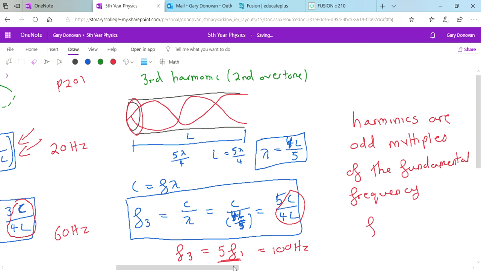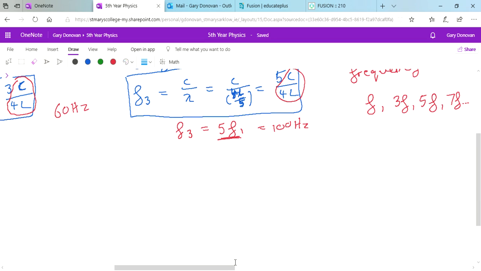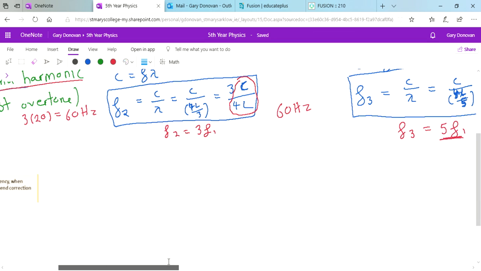So if the fundamental frequency is F, the next harmonic is 3F, the next harmonic is 5F, and the next harmonic is 7F, and so on and so on. So hopefully that makes sense. We'll try an exam question maybe tomorrow, but you'll see that come up quite a lot.